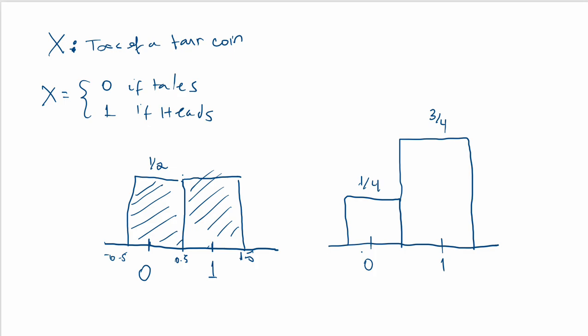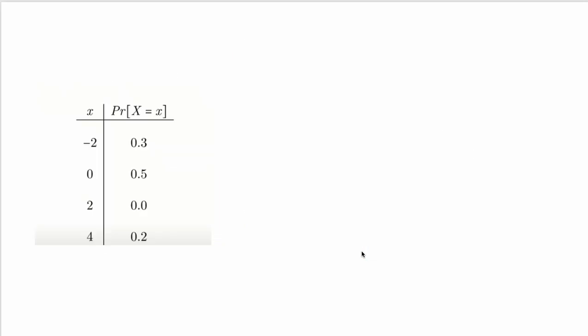Good? All right, but nothing is that good to be true. Sometimes our width is not 1. So let's make an example where the width of the histogram is not 1. And it happens all the time, okay? So I'm giving this distribution function, and I want to construct a histogram.